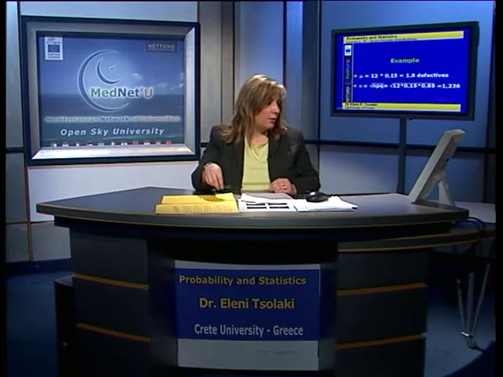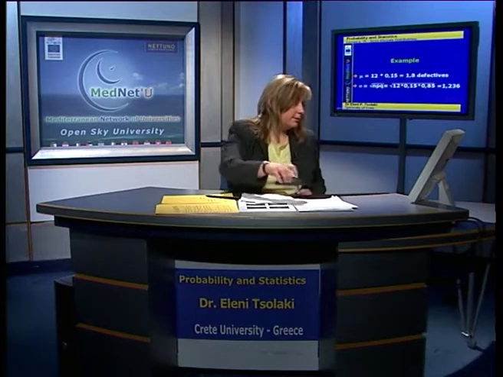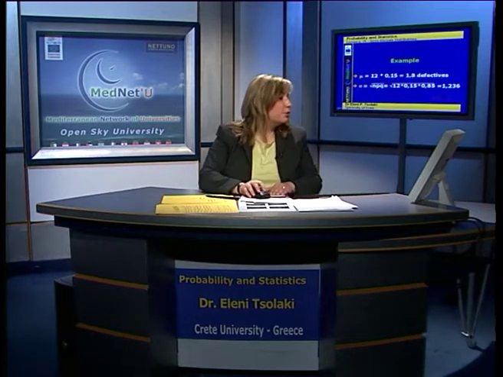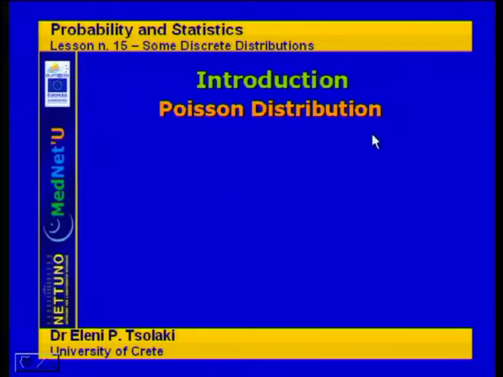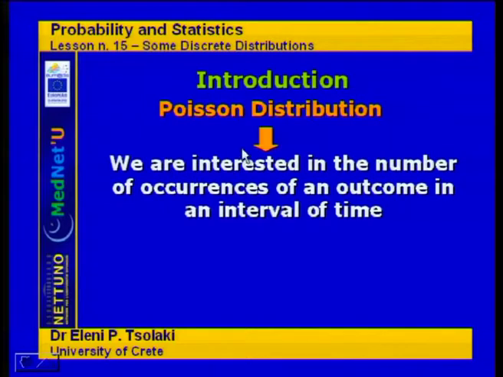Let's see now another discrete distribution, the Poisson distribution. The Poisson distribution is used when we are interested in the number of occurrences of an outcome in an interval of time.